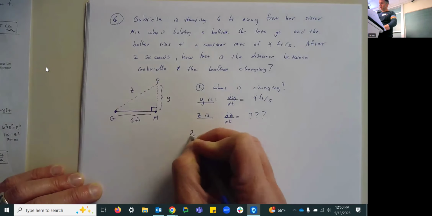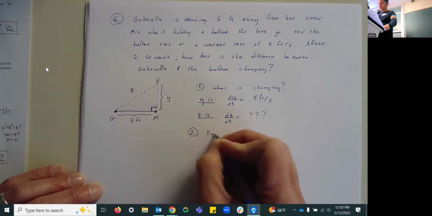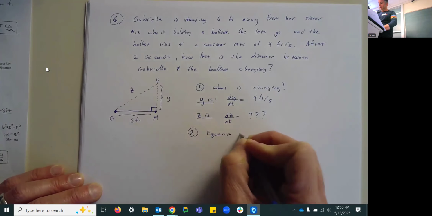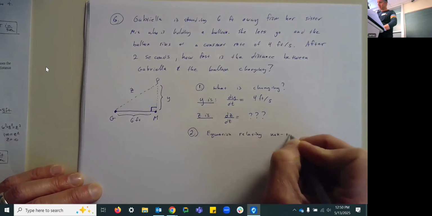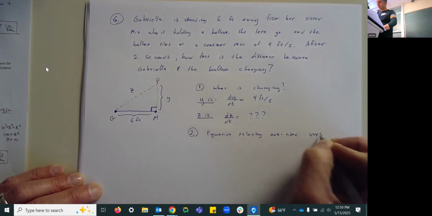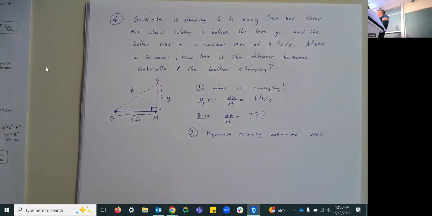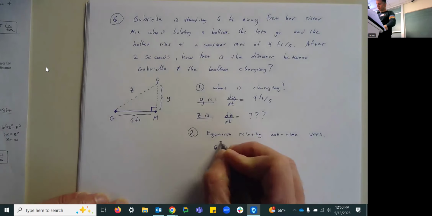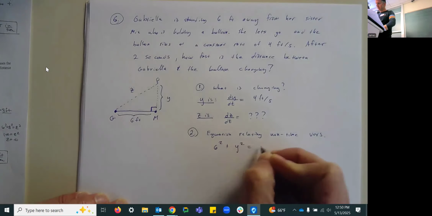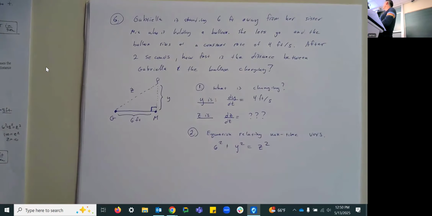So my equation, the equation relating the non-time variables, is going to be 6 squared plus y squared equals z squared.